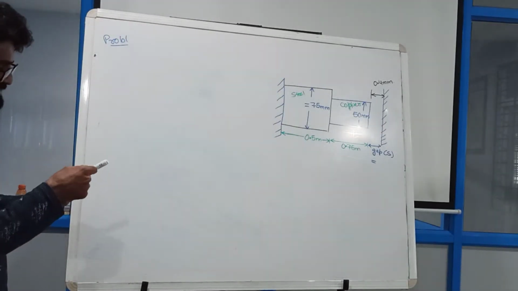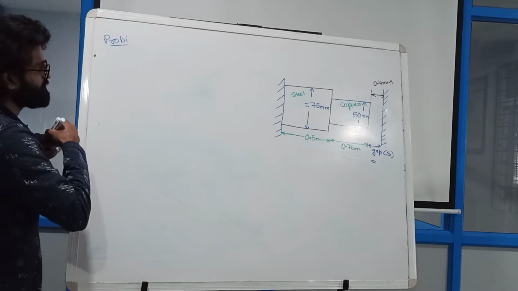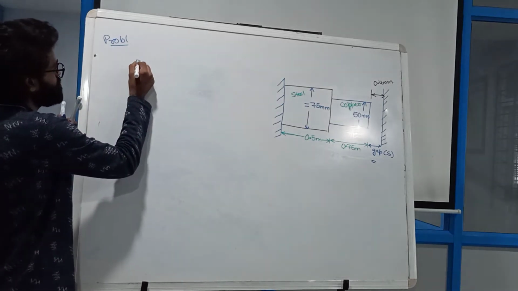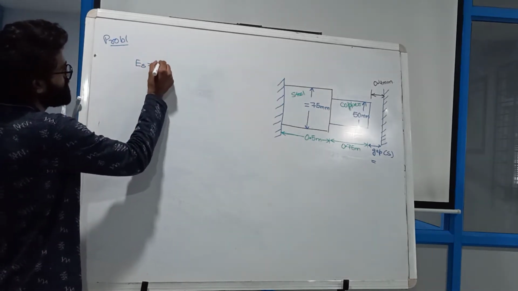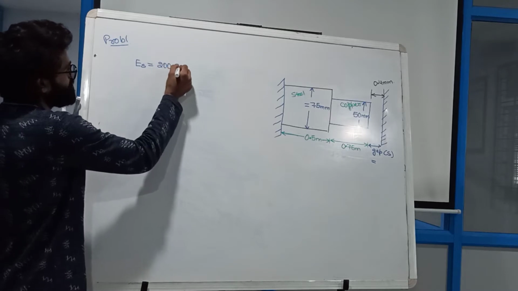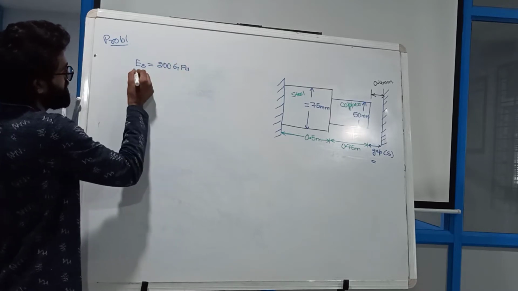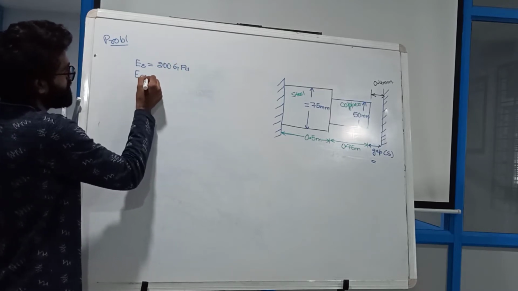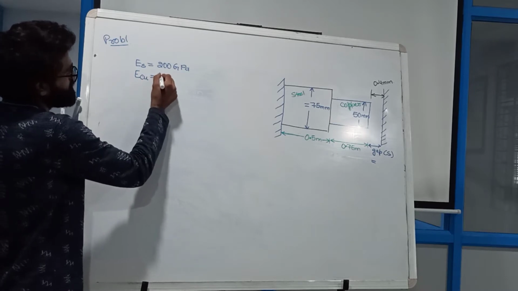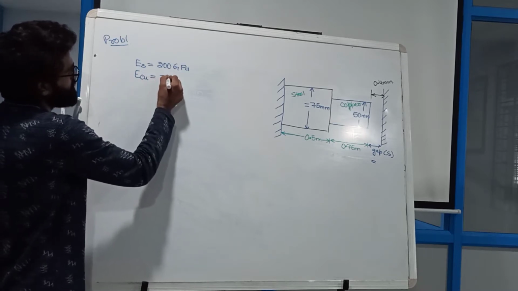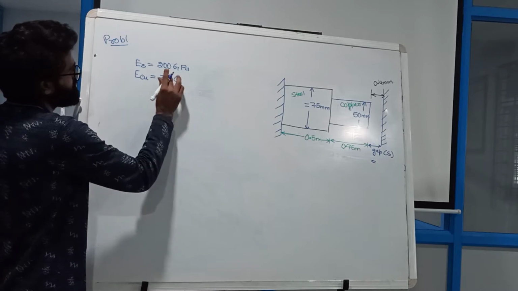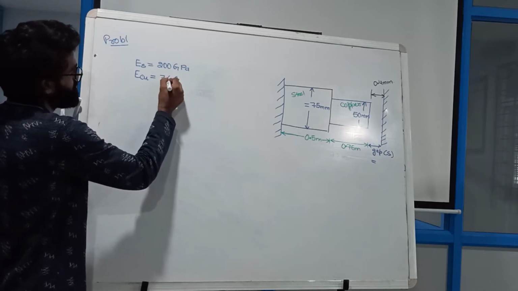And they have given the E value. E for steel they have given 200 GPa, and E for copper they have given 70 GPa.